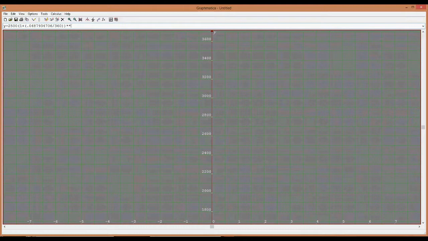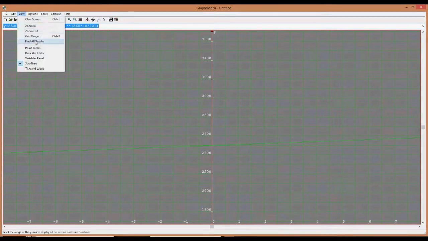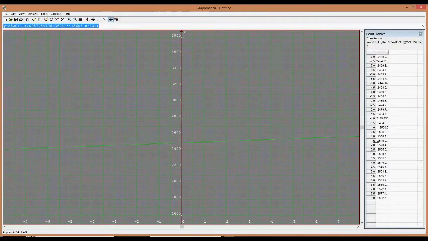And this time, instead of doing just 360x, I'm going to do 360 times x over 12, so that I can use the data table easier. I won't have to look for 0.25 and stuff. I can just look for 3 and 5. Whatever graphing utility you use, or your graphing calculator, it's probably going to have a data table like this.